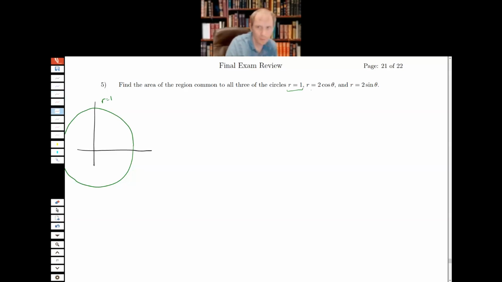Okay. I have this circle r is 2 cosine theta. And then I have this circle, r is 2 sine of theta.